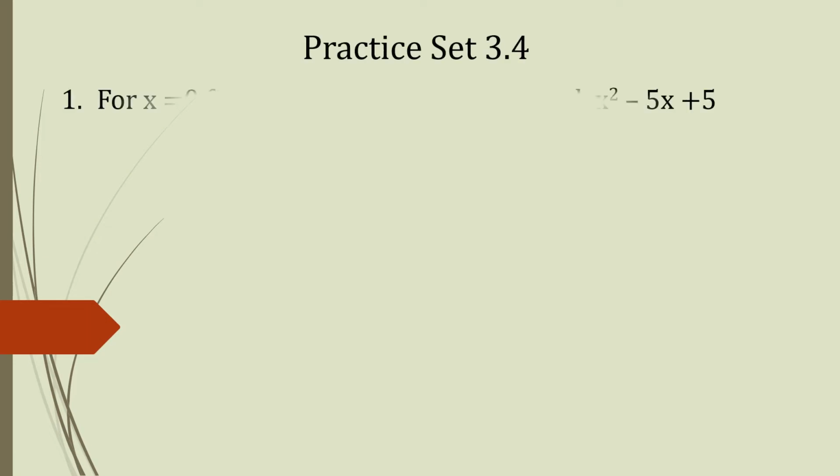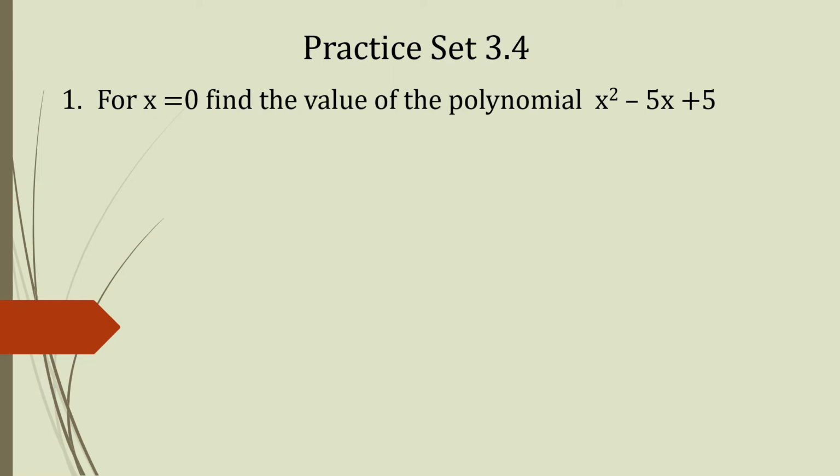So what is the first question? For x equal to 0, find the value of the polynomial x square minus 5x plus 5. So our solution is, first you'll write down p of x, meaning the polynomial with the variable x is given.